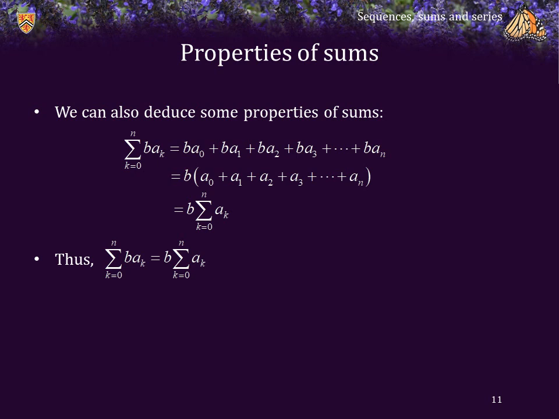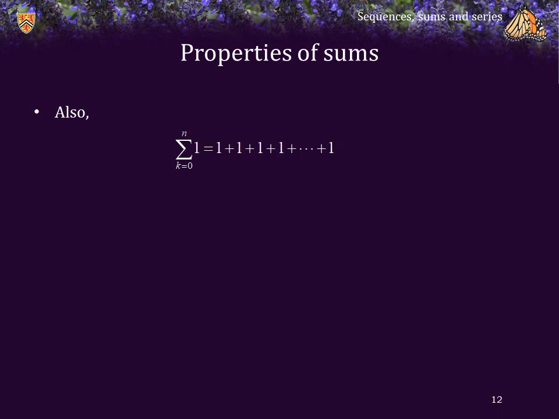And so therefore we have the following formula. The sum of b times a sub k going from 0 to n, when b is constant, is just b times that sum of a sub k, going over the same range. Now also, if the term description is just 1, then the sum k going from 0 to n of 1 is just 1 plus 1 plus 1, a total of n plus 1 times.